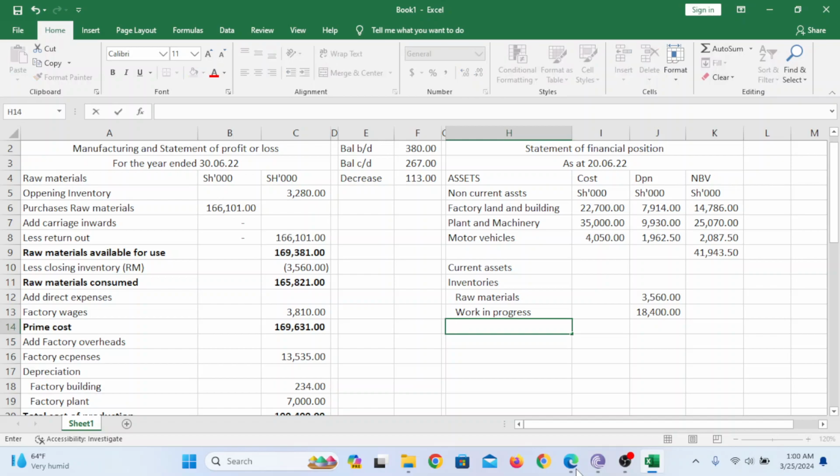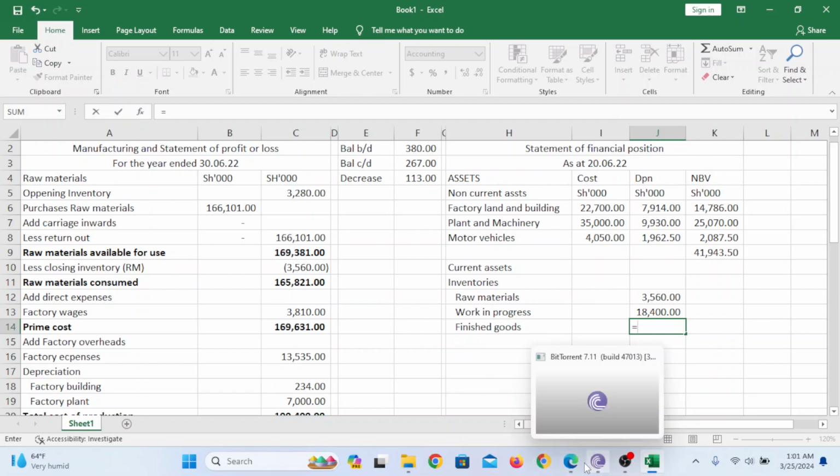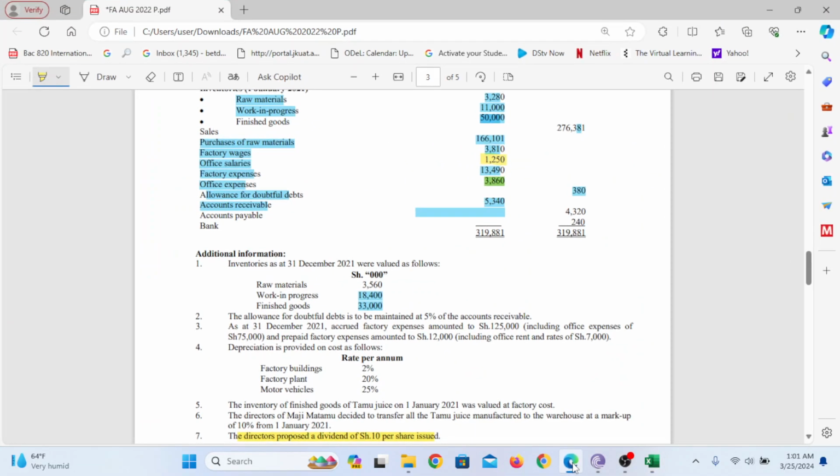Then we have finished goods. Now finished goods, we have the same point, but we need to knock off the unrealized profit that we've recorded in the income statement. So the finished goods, that was 33,000 here.